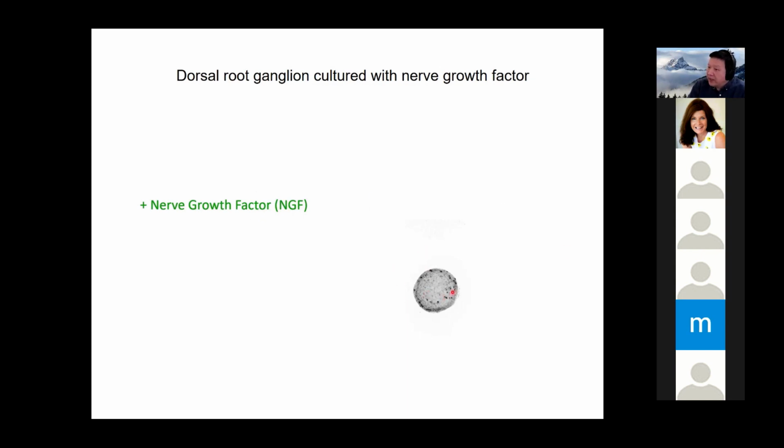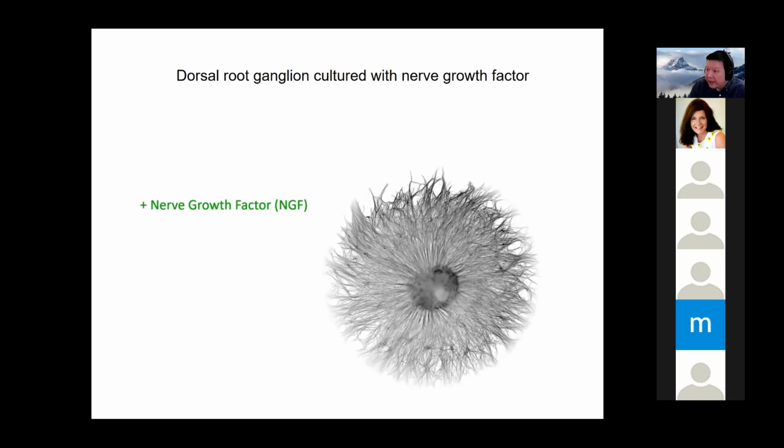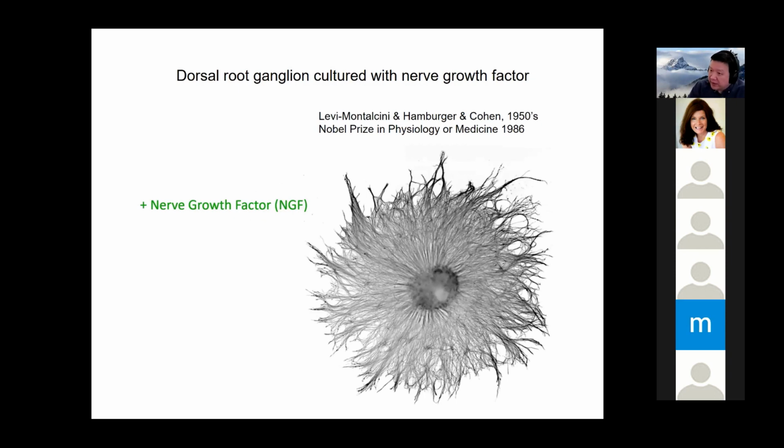This is before NGF treatment, and here's the after treatment. So now, what exactly does NGF do to these neurons to drive this strong axon elongation?